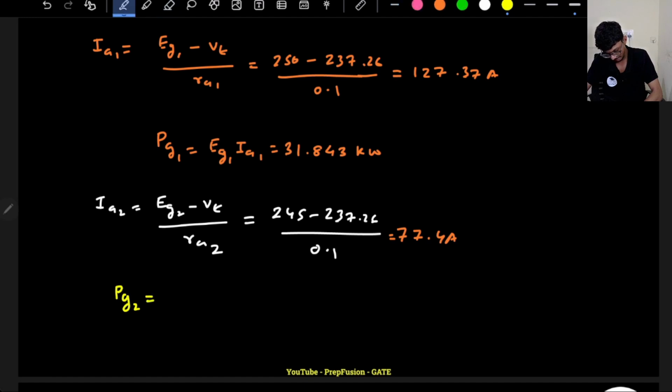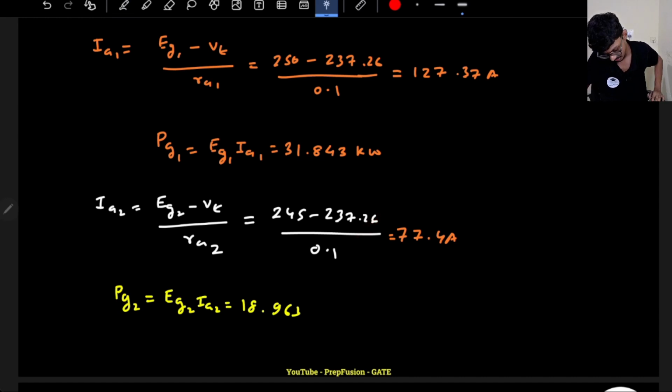So my Pg2 is Eg2 into I2, where Eg2 is 245, divided by 1000, so it will be roughly 18.963 kilowatts. Okay, this current is very small, 77.4 amperes, and I just want to recalculate to check I have done everything correctly.